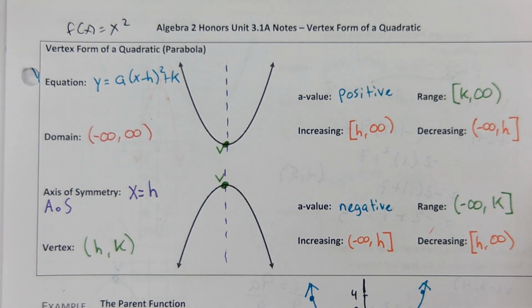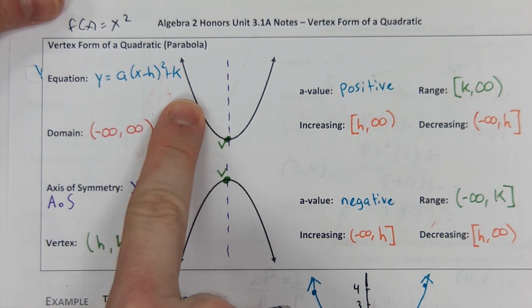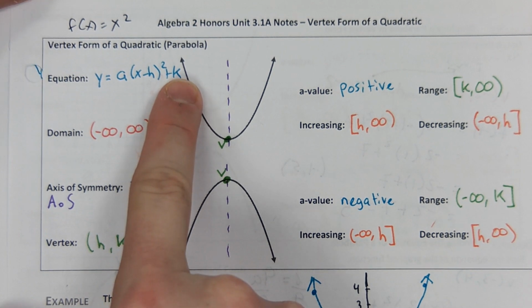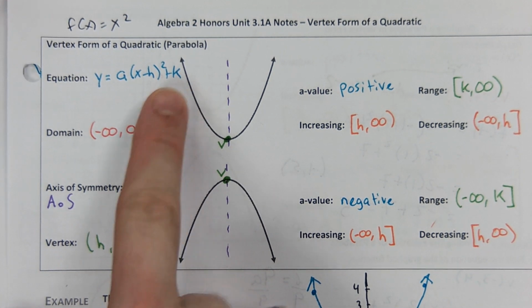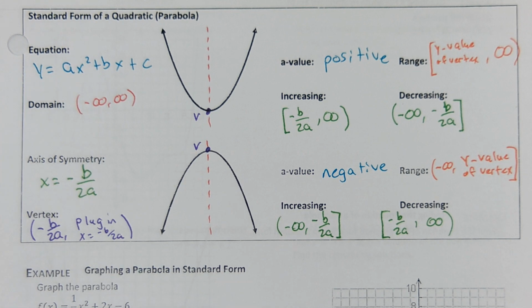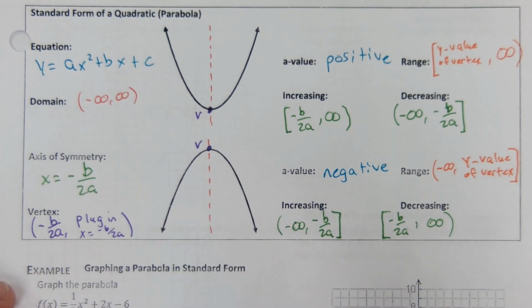Because the number at the end of vertex form is something different. So I don't want to say the number at the end. What I want to say is, if you want to know the y-intercept, you plug in x equals 0, and that's true for this as well. It's not going to give you k if you plug in x equals 0. This one, however, will hand you c if you use x equals 0.